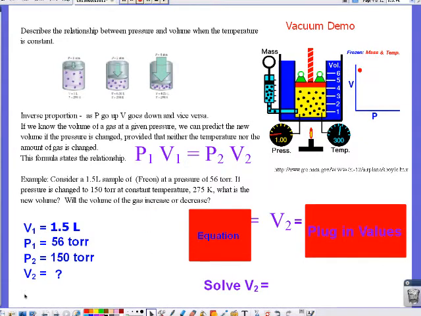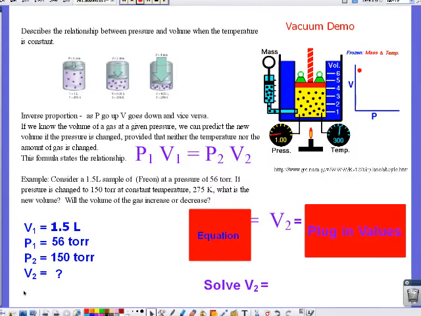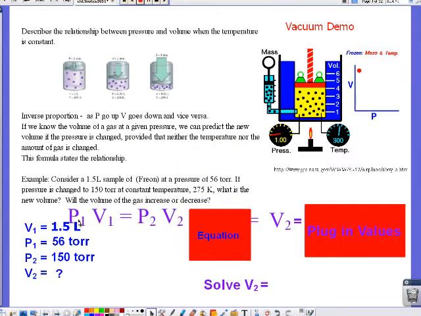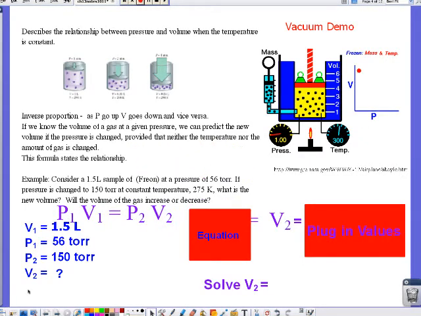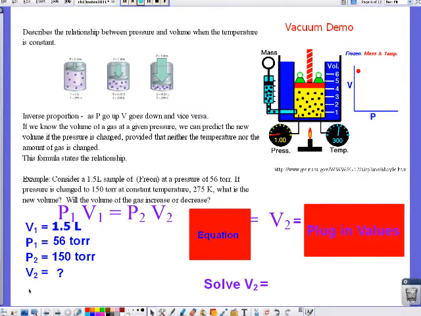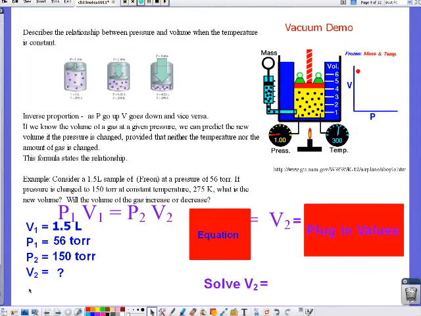One of the things I want you to think about is, how could I take this equation and rearrange it so that it was volume 2 equals what? How would I solve it in terms of volume 2? Mathematically or algebraically, what has to happen to P1V1 equals P2V2 so it's just volume 2 equals the rest?